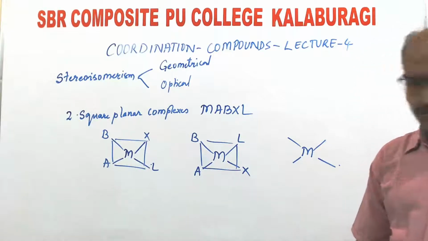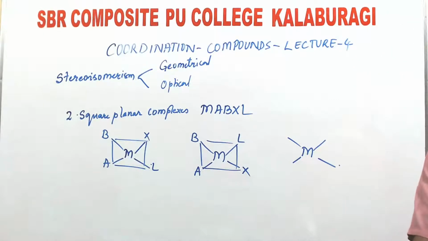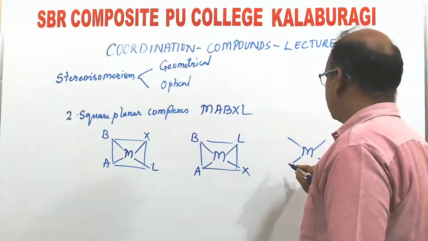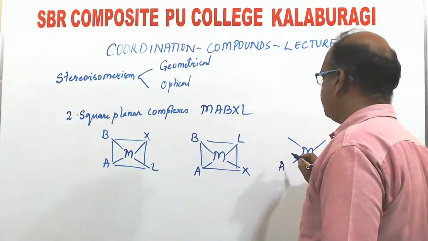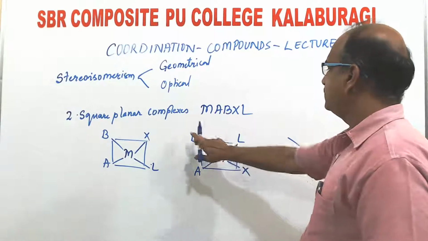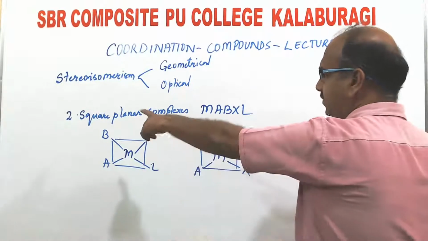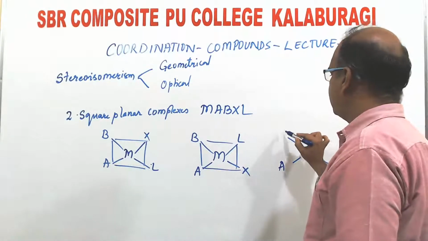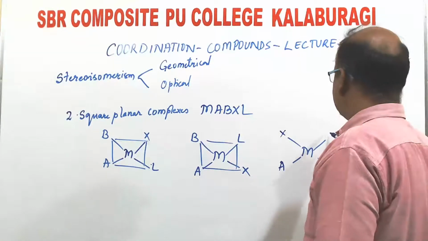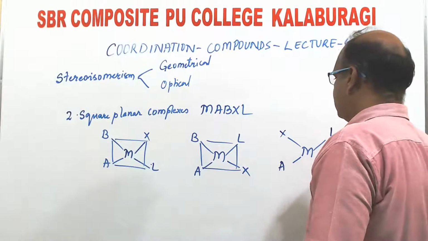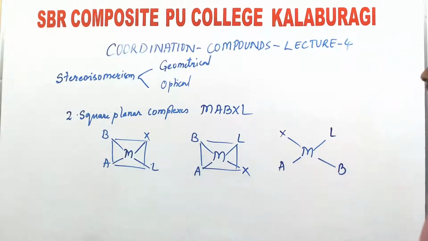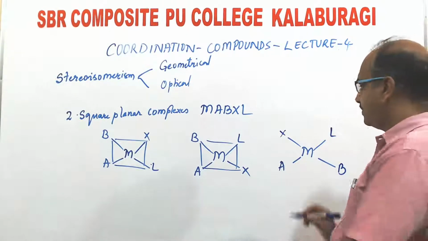One more is there. So here A stays, and these three places you are changing. Once you kept B and B, L and X. Next time you keep this as X, this is L, this is B. So these three isomers are possible.